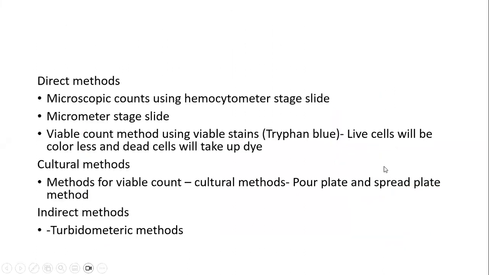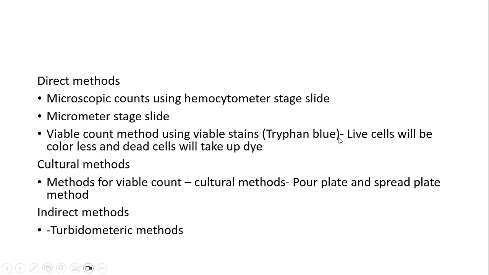So here we have discussed direct methods that make use of hemocytometer slide and micrometer slide. When you're doing the counting with these methods, you actually do not know whether the cells that you're counting are live cells or dead cells, unless we make use of a viable count method wherein we make use of a viable stain such as trypan blue.